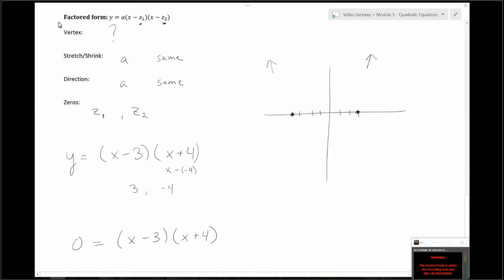And then factored form gives us some information about the graph. It's better and more used to solve equations because it doesn't have a very obvious vertex. We can't really see what the vertex is based on the form. And that's everything for quadratics.